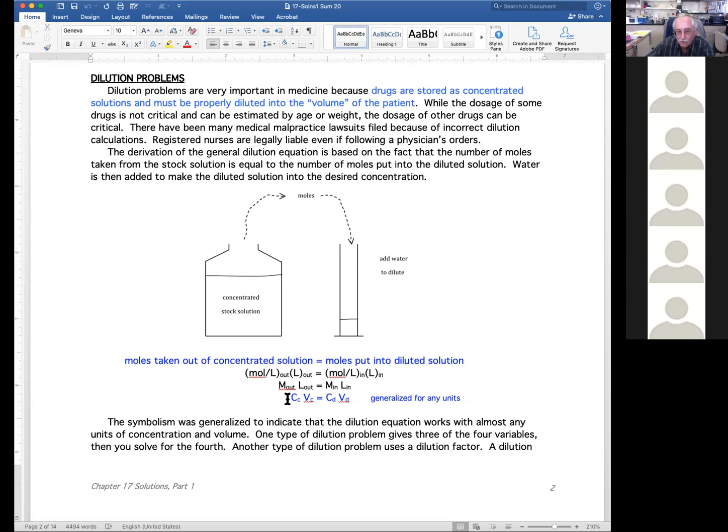No, it could be osmoles, it could be grams, it could be anything, because solutions are all direct proportions. So this is the most generalized for any unit. So here's the concentrated solution, here's the diluted solution. Now you've got 4 variables. If I ask you for one, the problem has to give you the other 3. See how that works?